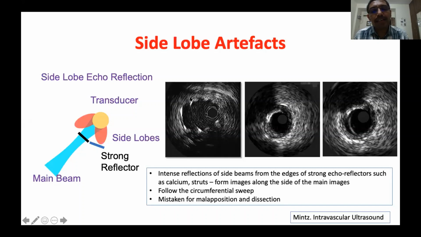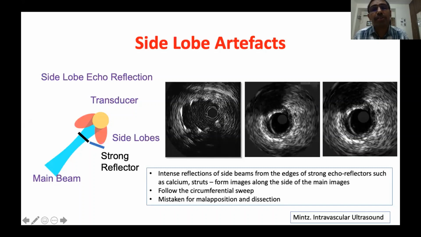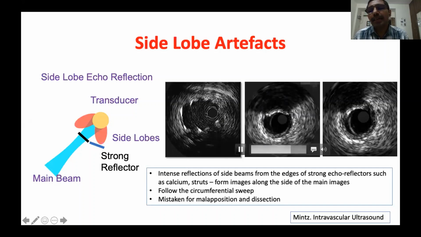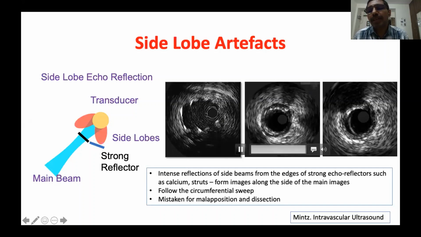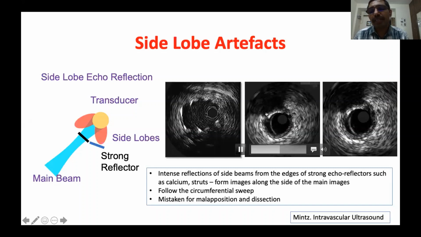That appears as an elongation of stent cell or elongation of calcium. This produces a false appearance of malposition, or a false appearance of dissection. This is actually an image. And shadow, there is no image. Shadow occurs when there is a dominant reflection from the surface. None of the ultrasound waves go through further, and you can see only the leading edge. So all these things are shadow. That is the difference between shadow and side lobe. Side lobe is actually an image. Shadow, there is no image.